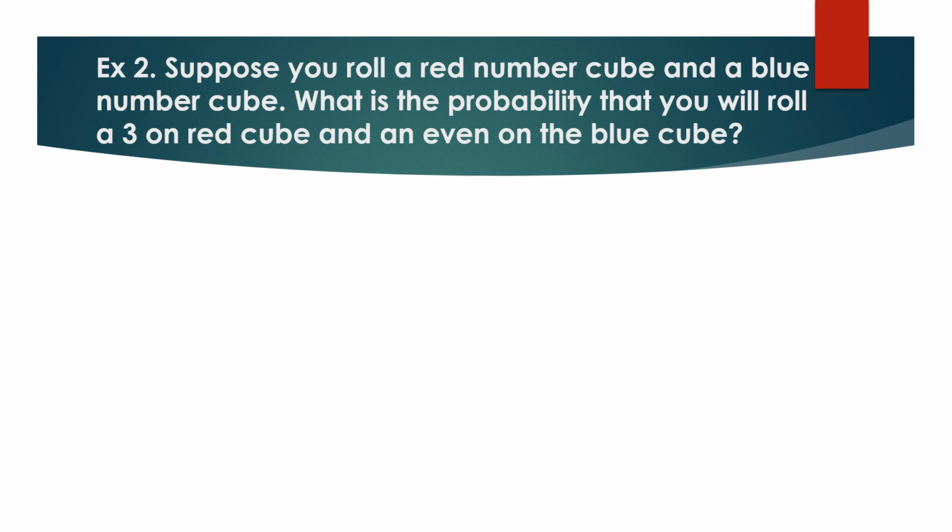What is the probability that you will roll a 3 on the red and an even on the blue? So these are independent events because if you roll the red die, it doesn't matter what you get on the blue die. So we're going to go ahead and say independent events.